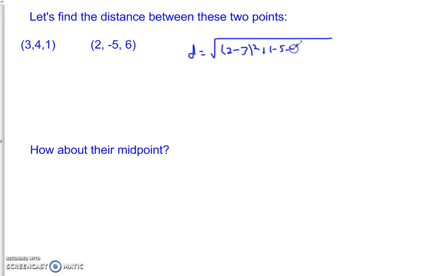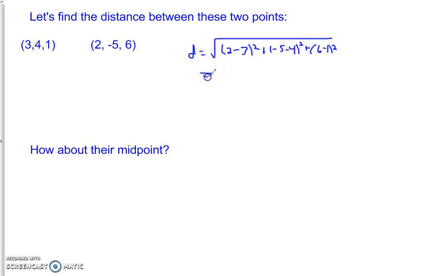And remember, you can put them in either order because you're squaring each difference. Plus, and then finally the last one is 6 minus 1, which I think I could do that one in my head, but we'll still write it out.